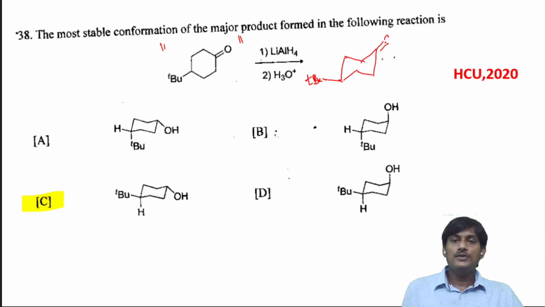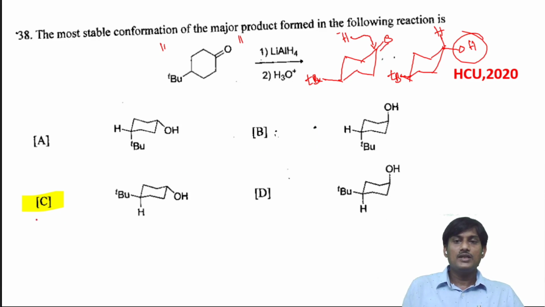In this lithium aluminum hydride, the hydride attacks from the axial side, so there is a formation of OH in equatorial position. When OH is at equatorial position, this one is more stable. So the major product will be OH at equatorial position. So this is the correct option.